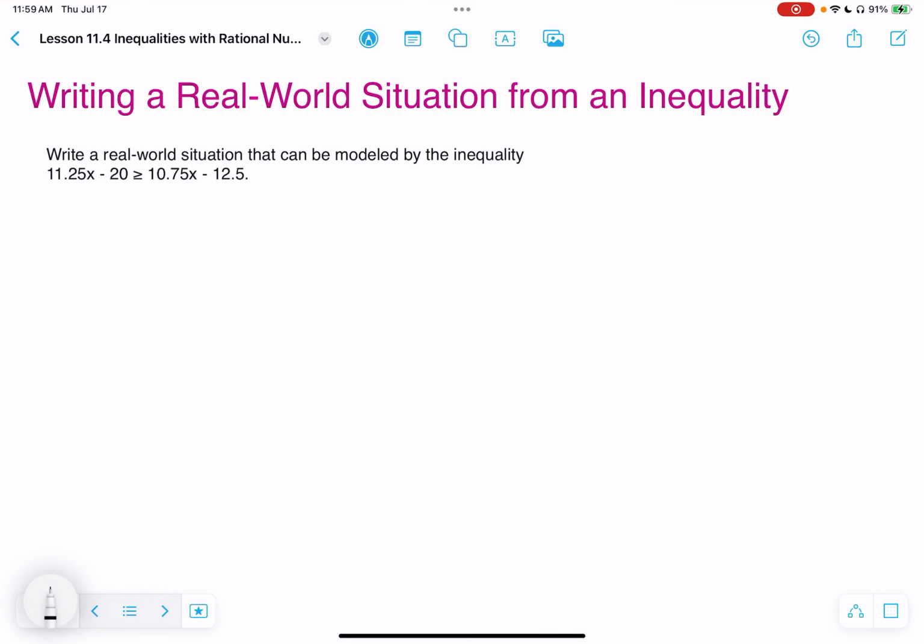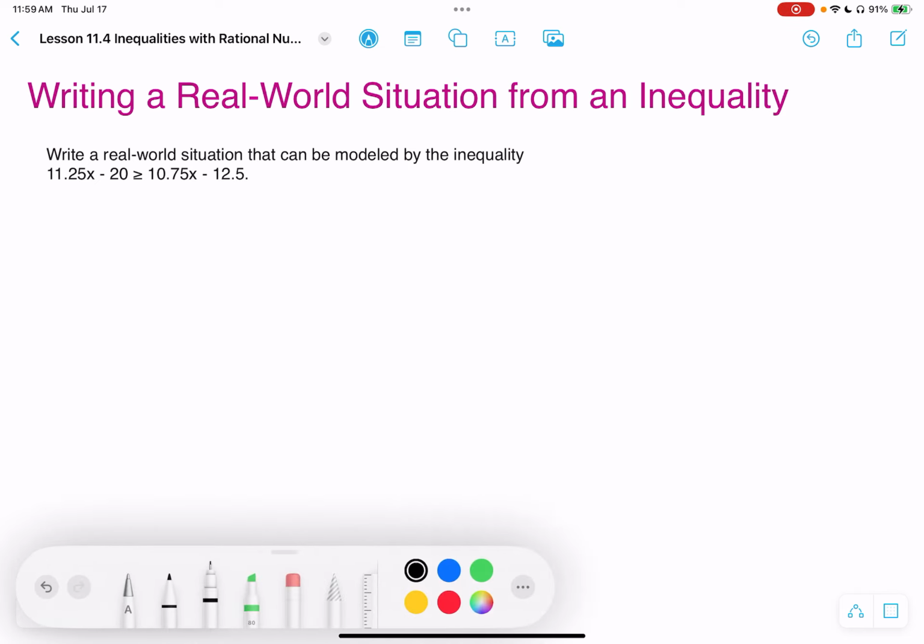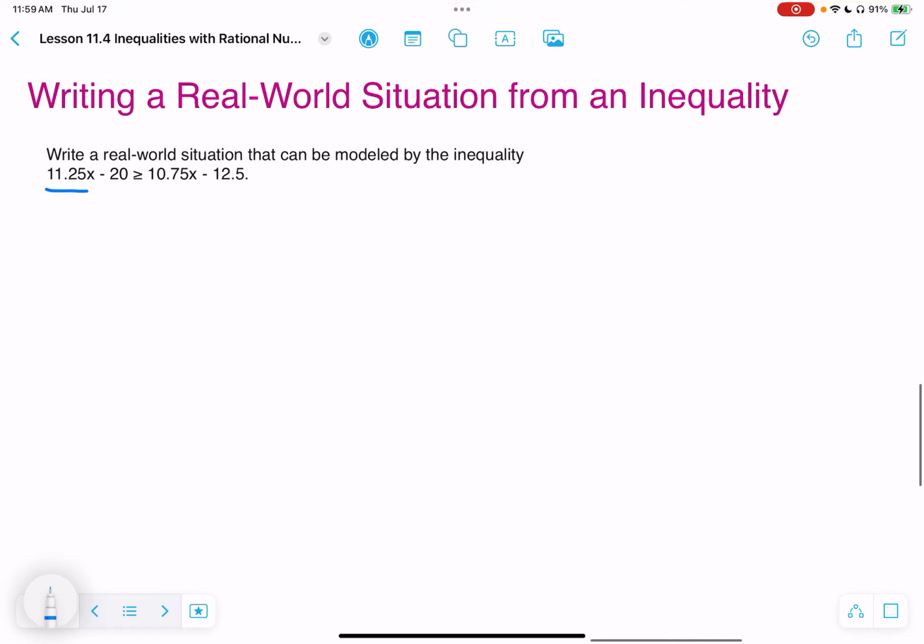Let's see if we can take an inequality and write a real world situation that goes with it. So our left side of our inequality looks like this. Our slope or rate of change is going to be 11.25. So we need something that increases, that's a positive slope, increases by 11.25.